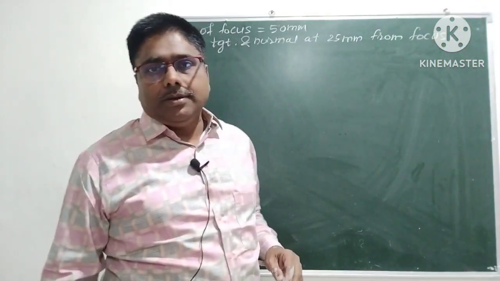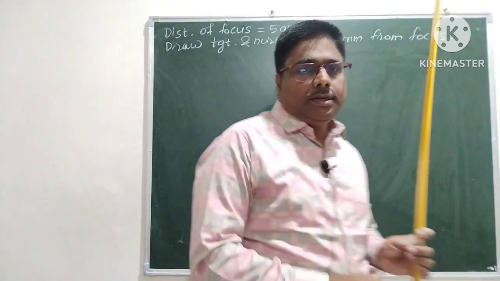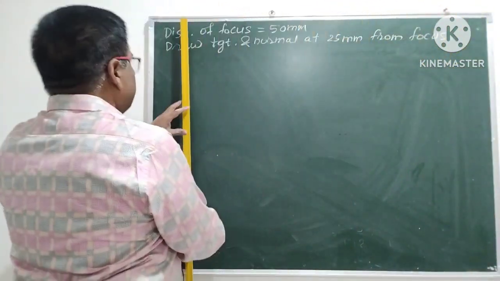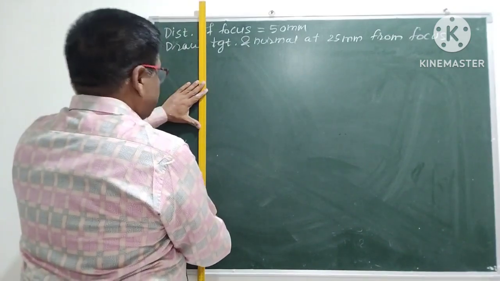Now let's draw the parabola first. For that we need to draw a vertical line which is the directrix.